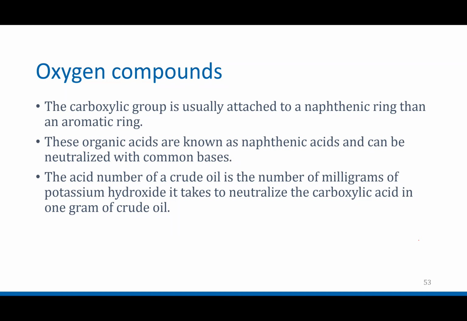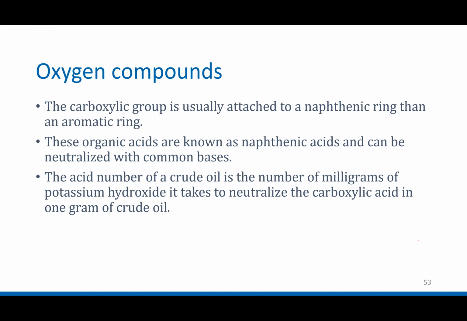In some oxygen compounds, you can have carboxylic groups. Now remember, carboxylic is CO2, it can be acidic. A carboxylic acid, right, is an acidic compound. Acids can also pose a problem in your refining process. Acids have been known to, in some cases, corrode metal or react with things.